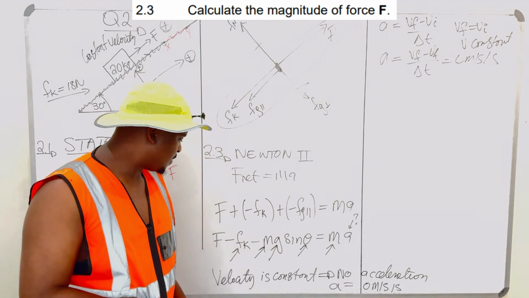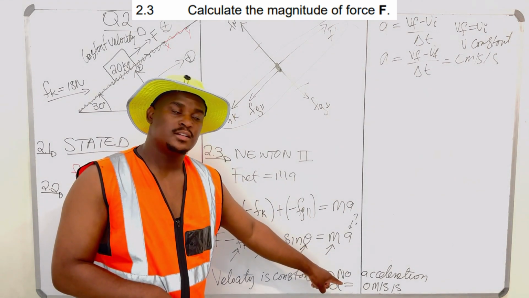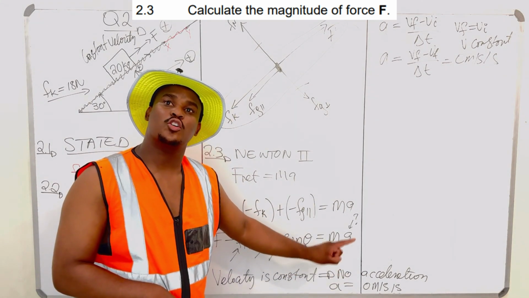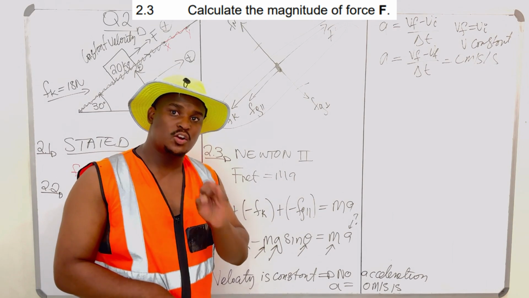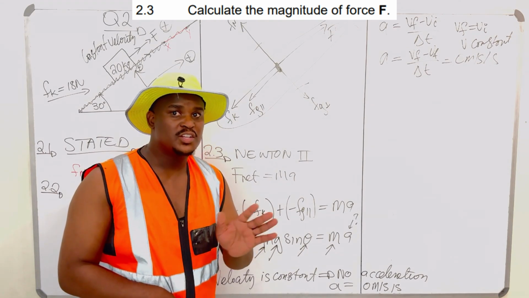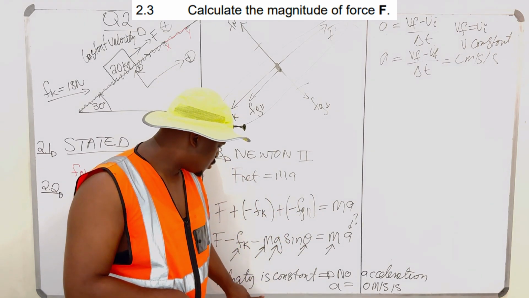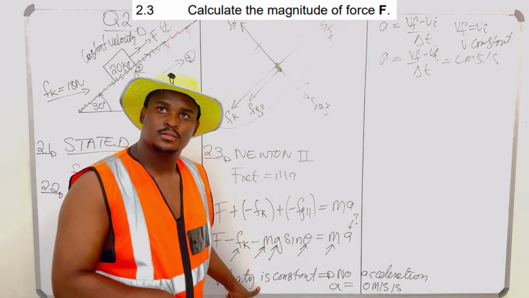Let me repeat this again. If you're told that the velocity is constant, know that the acceleration is 0, the net force is 0 newtons, and the net work is 0 joules. That's what you need to keep in mind all the time. You will not be told that information step by step, but you should infer it from this.